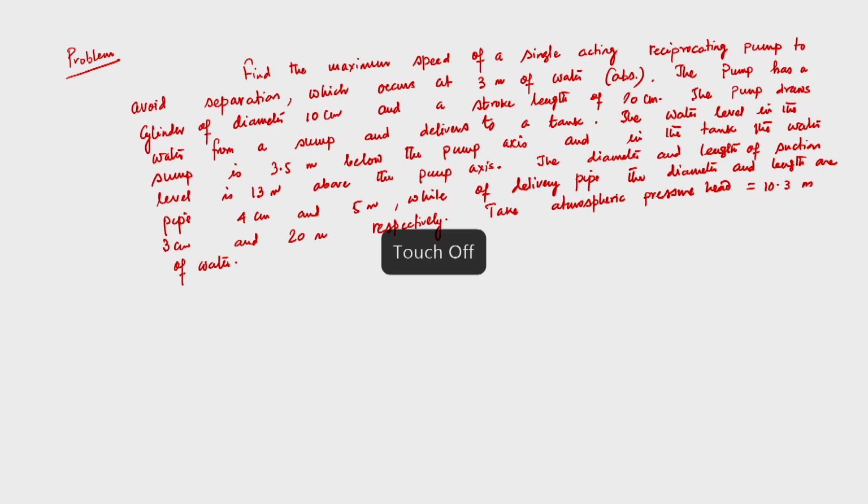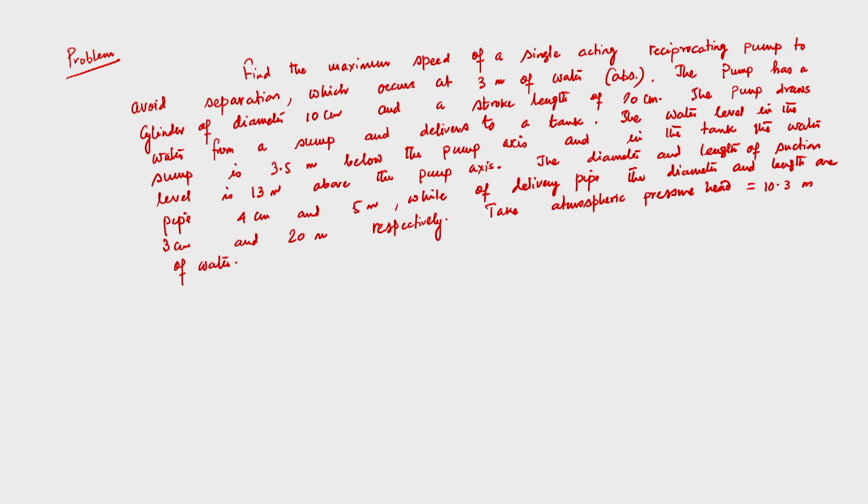So now we have to solve the problem. To solve the problem, we need to draw the indicator diagram. Probably we have discussed the indicator diagram, the ideal one, then modified by the inertia pressure and then the frictional effect. If we try to recall, the indicator diagram looks like this.